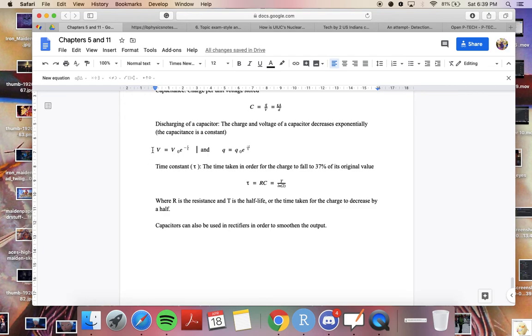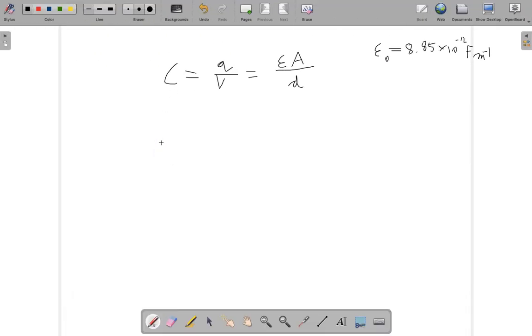So you have our voltage equals initial voltage times e to the power of minus t over tau. So when our capacitor is being discharged, tau over here is the time constant or a decay constant.